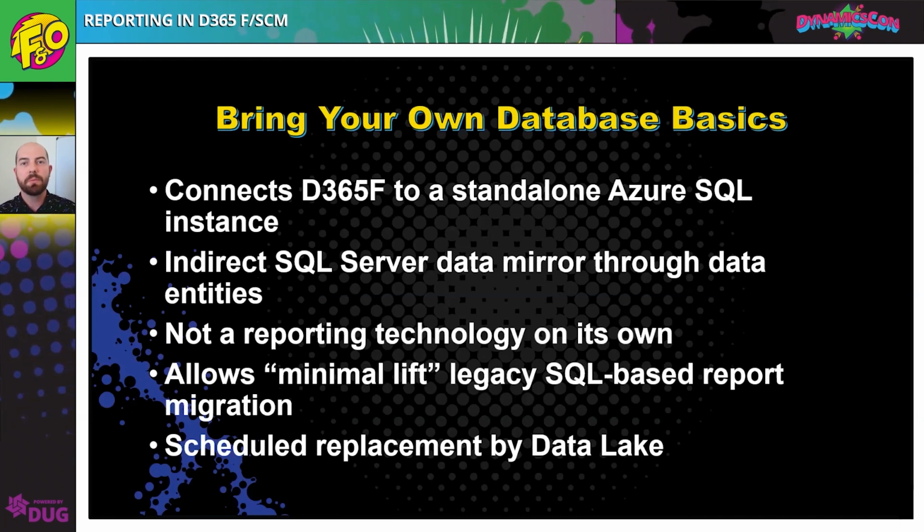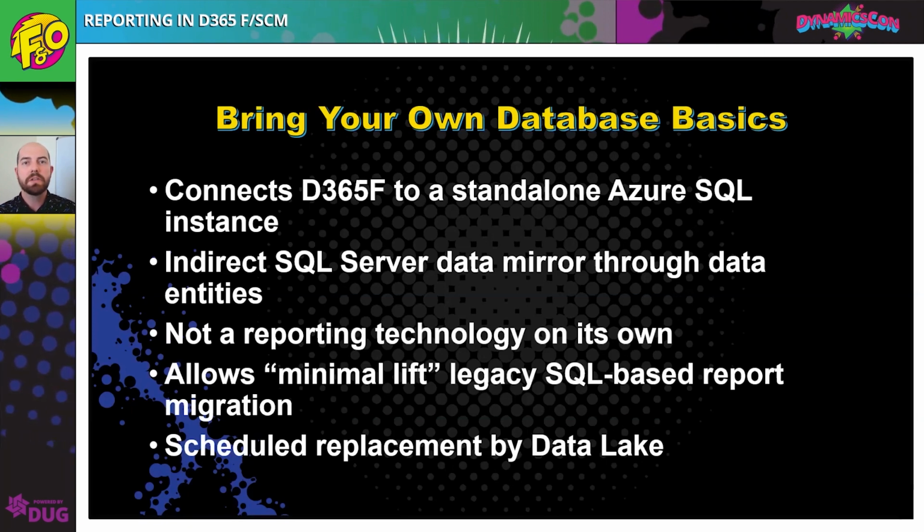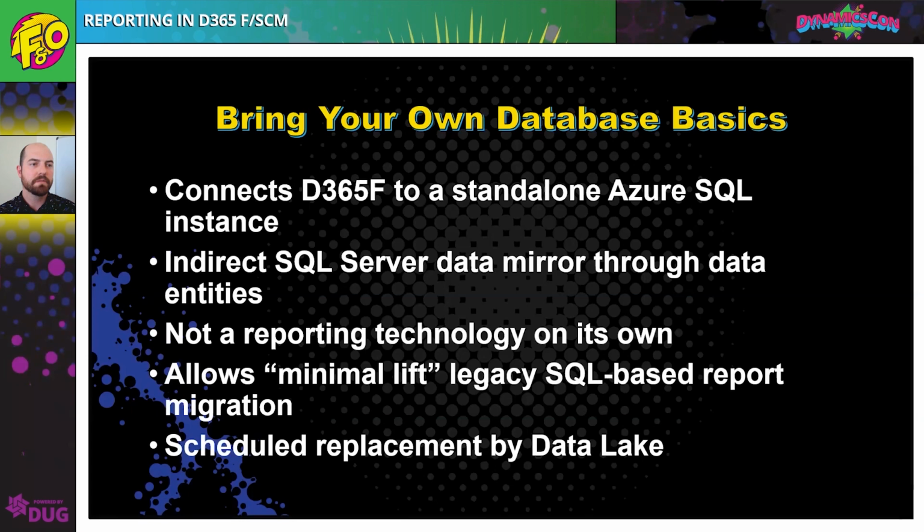This gives you a bit of a Band-Aid for at least a while to port those direct SQL report options over to something where you still have access. It's not perfect because, like I mentioned, it's a mirror through the data entity, so you don't have one-to-one parity with your F&O data structure, but it is usually lower effort than completely migrating those reports to one of the newer technologies.